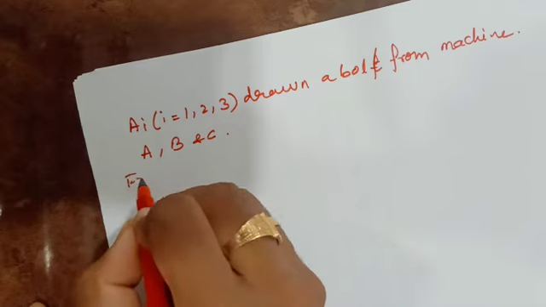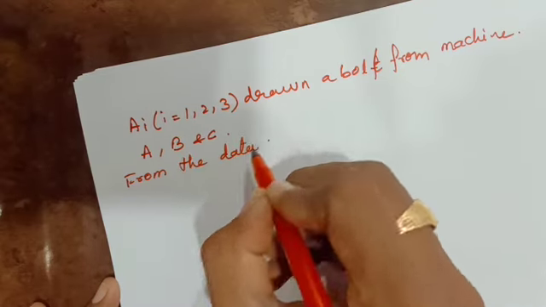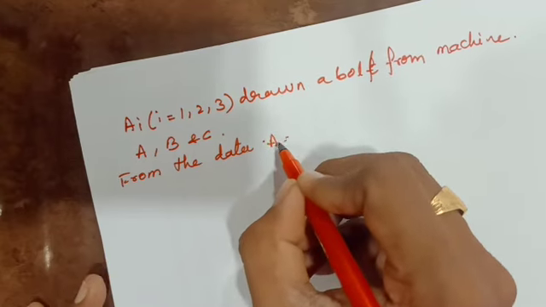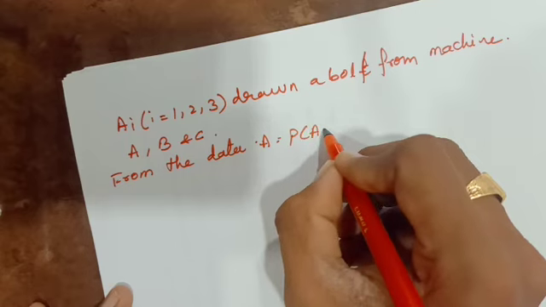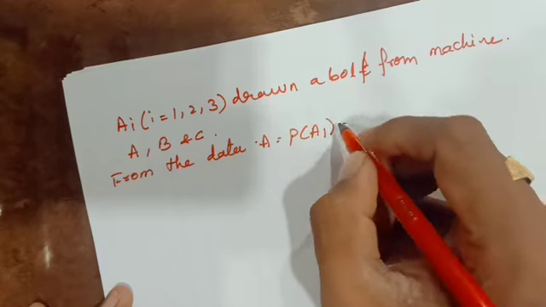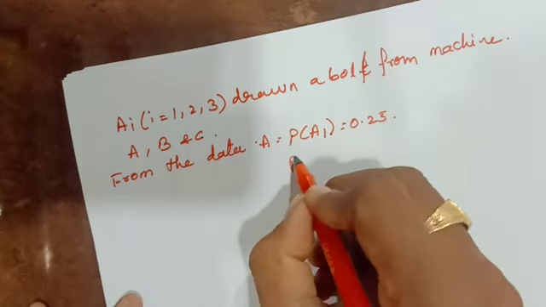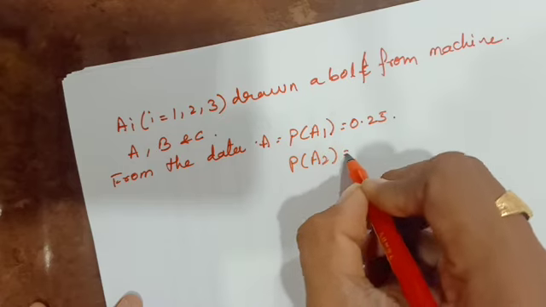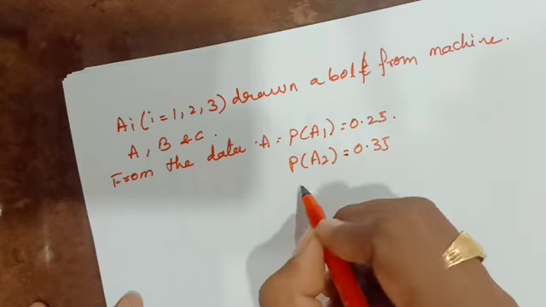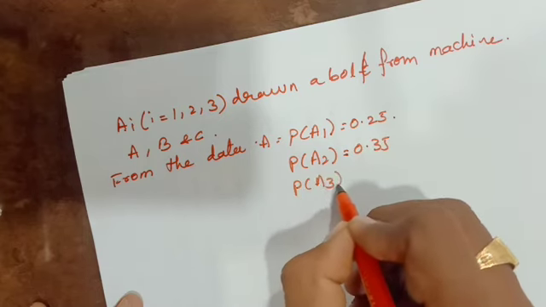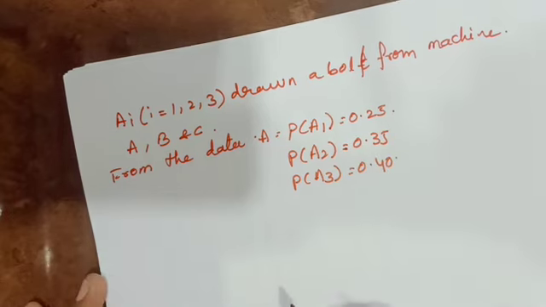So from the data, P(A1) is 25%, which is 0.25, P(A2) is 35%, which is 0.35, and P(A3) is 40%, which is 0.40.